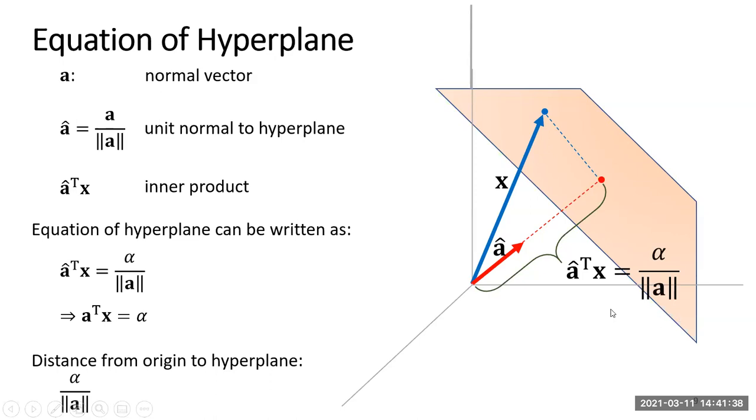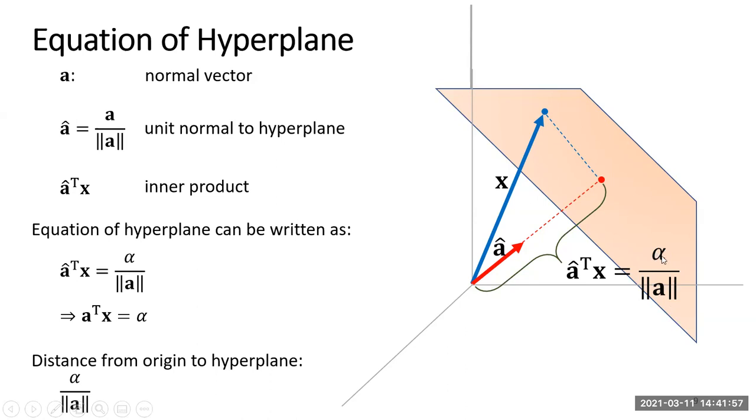Now, the distance of this point X from the hyperplane is this constant, which is alpha.